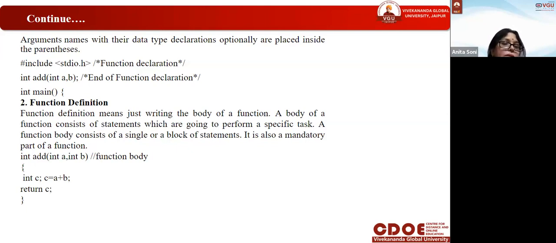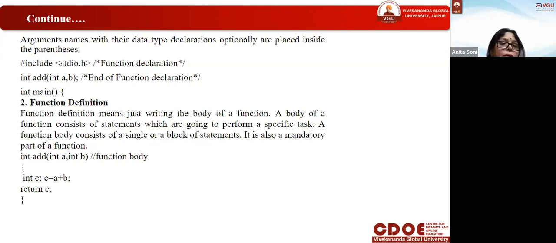The body of a function consists of statements which are going to perform a specific task. Like in the previous slide, you have seen a function max returning the maximum value. So you have written code to find the max value among two variables.